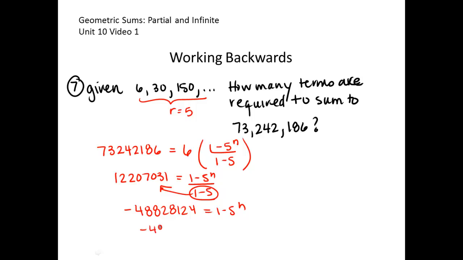I get negative 48,828,125 equals negative 5 to the n. I know that I can divide both sides by a negative 1, leaving me a positive value, so 48,828,125 will equal 5 to the nth power.